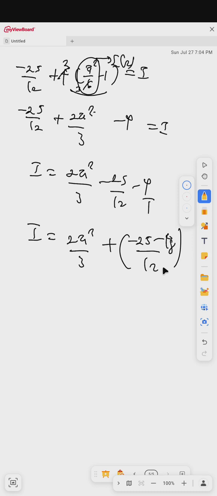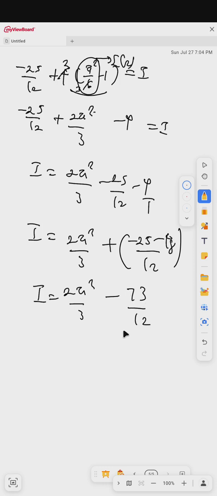Then minus 25 minus 48 should give us minus 73. So we're going to have I equal to 2 pi squared over 3, then minus 73 over 12.